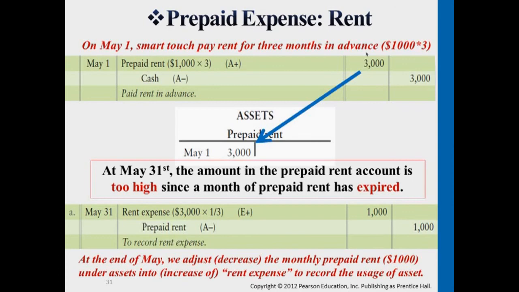Okay, so this example here can also work for insurance. The company may be prepaying a certain type of insurance for 3 months. So May 1st, that transaction again will be captured somewhere here in the journal and ledger. When it reaches the end of the month, when we're trying to get to monthly financial statements, before that, we want to do an adjusting entry here, turning prepaid insurance into insurance expense for $1,000.